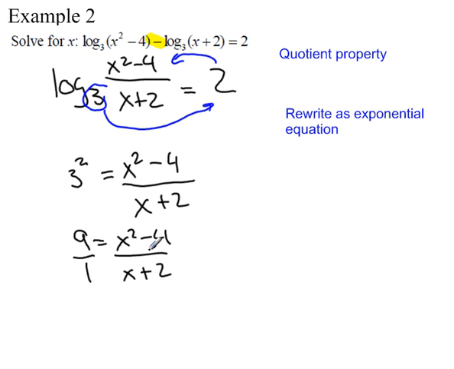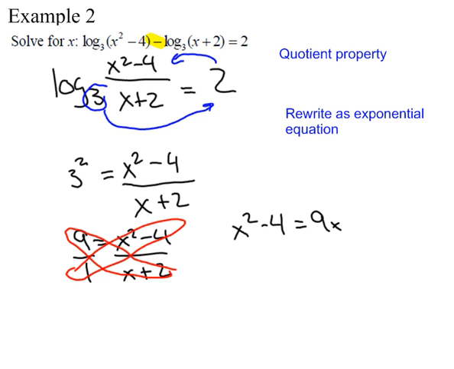Let's go ahead and cross multiply, put this over 1. We're going to do some cross multiplication here, and we get x squared minus 4 equals 9x plus 18. So this is a quadratic equation, so we have to follow the steps of solving a quadratic equation. That means we have to set it equal to 0.